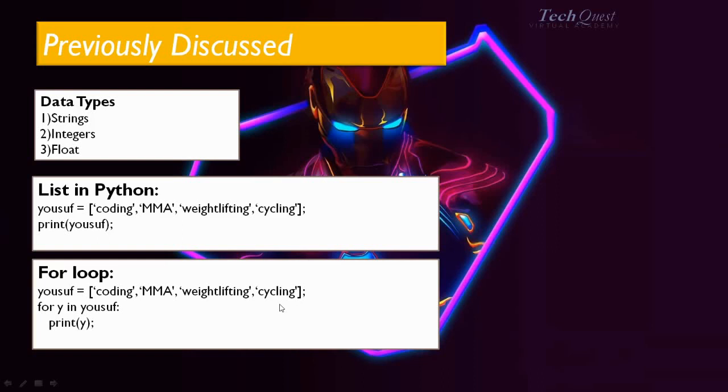So for example, you can see here I have created a list and stored 4 different strings in it, and then I stored it in a variable, and then I call a for loop, and in that for loop I use a statement that is print y. So you can see here the statement for y in Yusuf, and you know what it means.